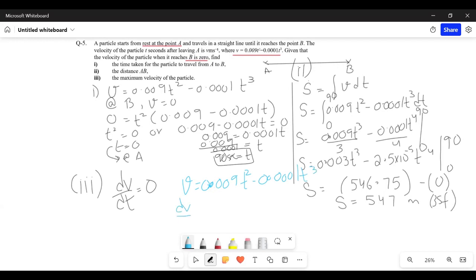So dv upon dt will be, the 2 comes down, so we get 0.018 t minus, 3 comes down, 0.0003 t square, and equate it to 0.